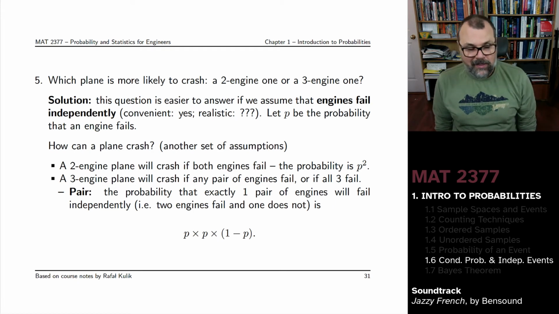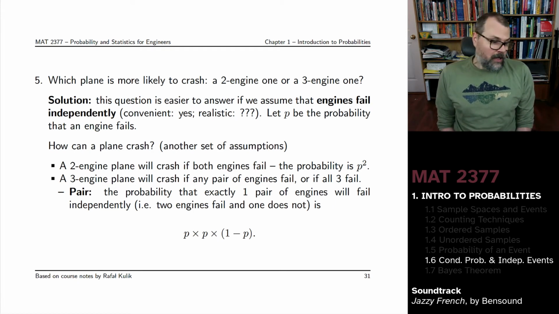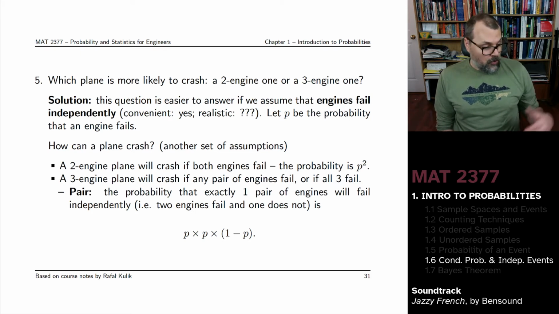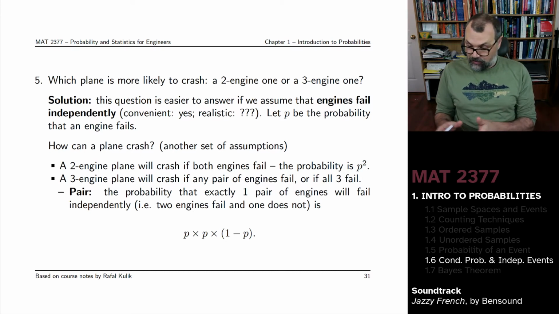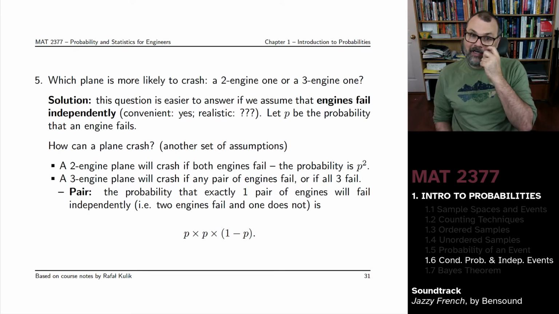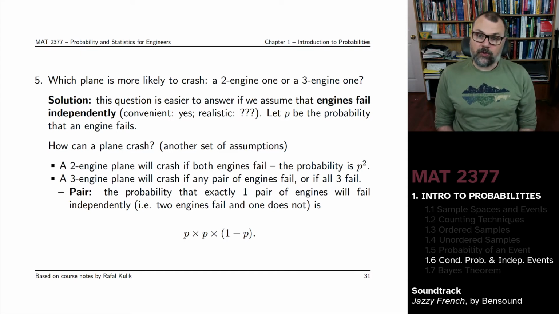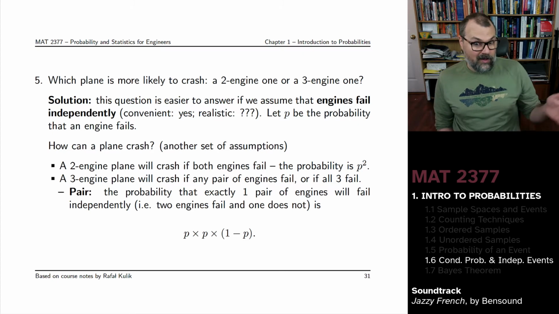Is it realistic? Well, we don't know. If engines are built in series, such that one person who built an engine might also work on the next engine in the series and so forth, then it might not be realistic to assume that these engines would fail independently. Say one of the engineers working on these wasn't as competent and they work on the same line.